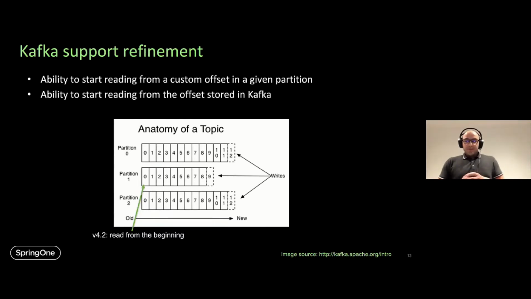Now, another improvement we added in this release is about Kafka support. We introduced Kafka support last year in 4.2, and we've got a lot of great feedback since then. When we introduced the new Kafka item reader, it was always reading from the beginning of a topic partition.